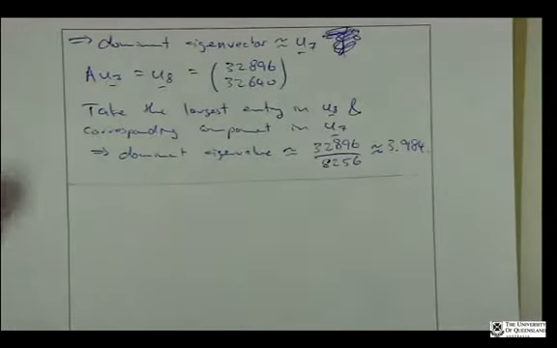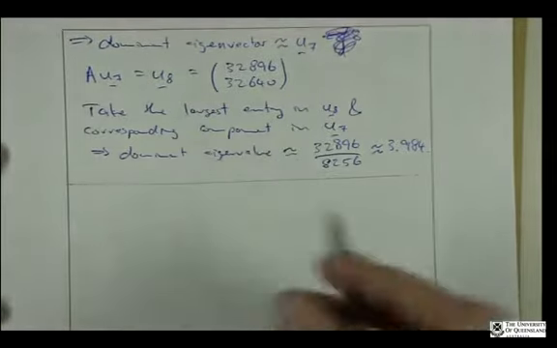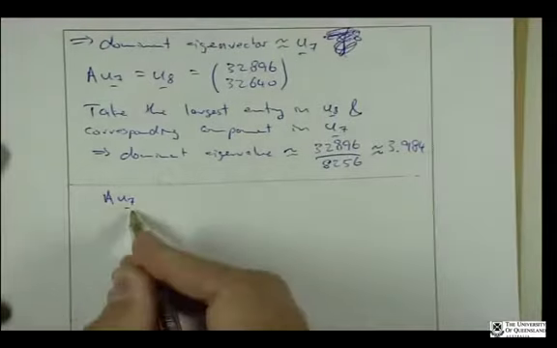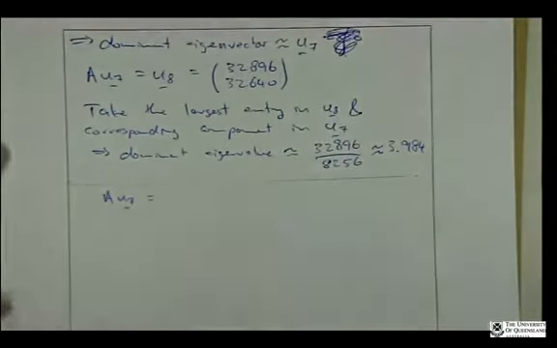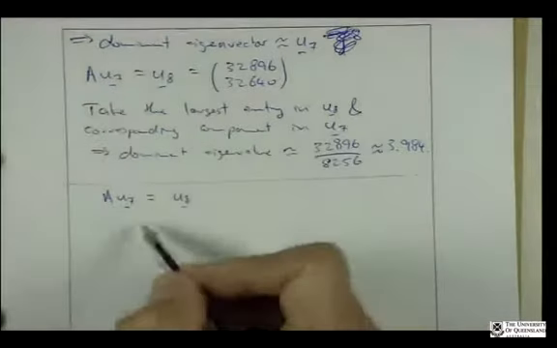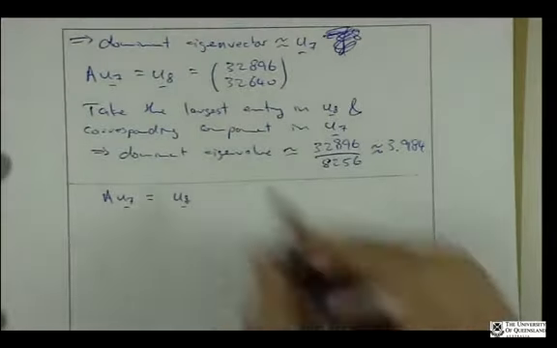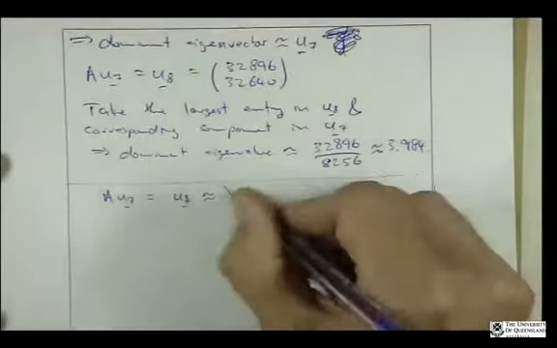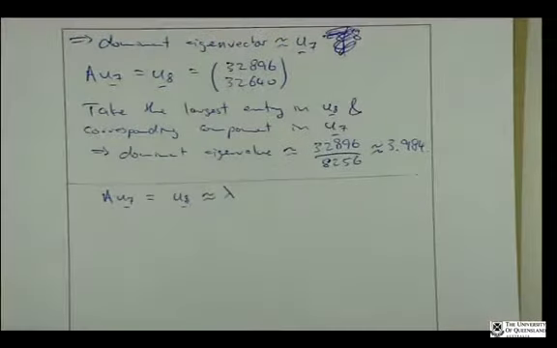All right, so why does that work? Well, there's just one thing to observe. When we're taking the matrix A multiplied by U7, which equals U8, what we're saying is if U7 is approximately the dominant eigenvector, then U8 must be approximately the corresponding eigenvalue multiplying that vector U7.